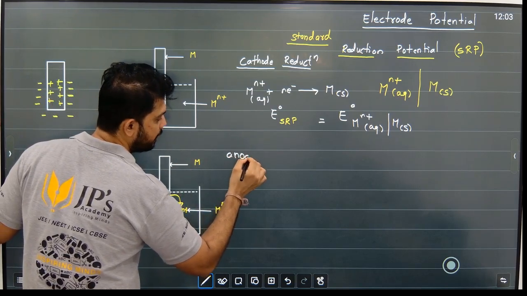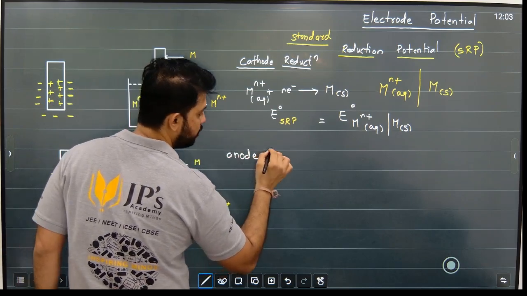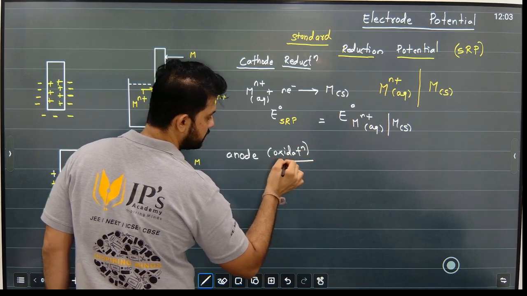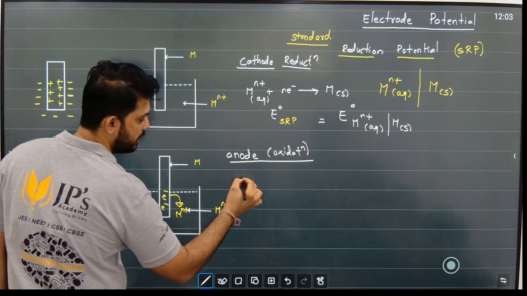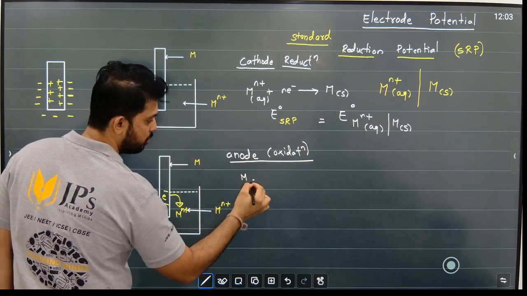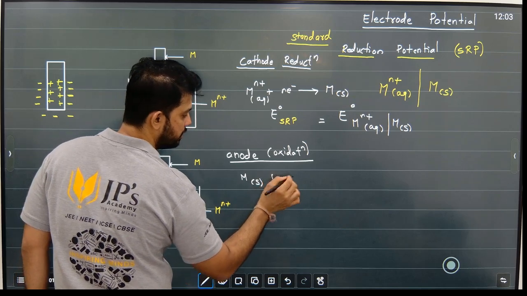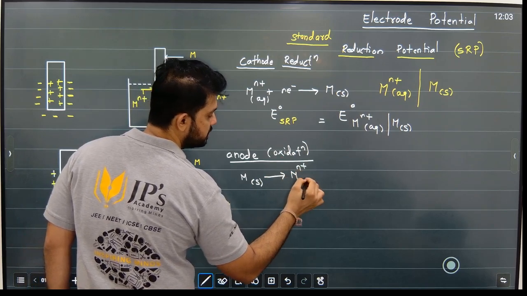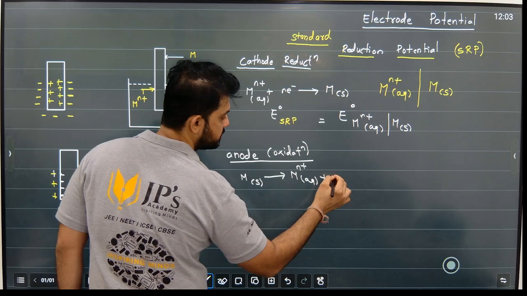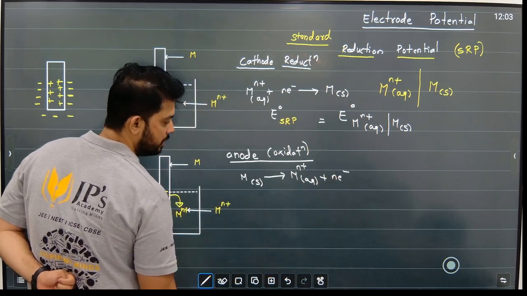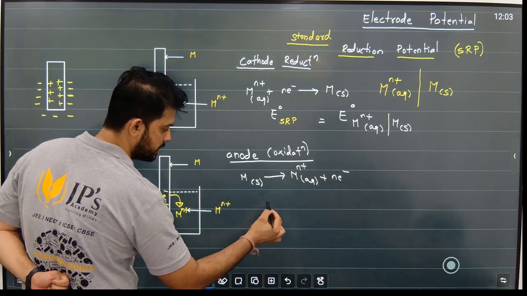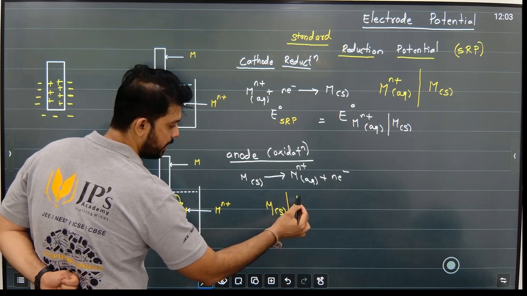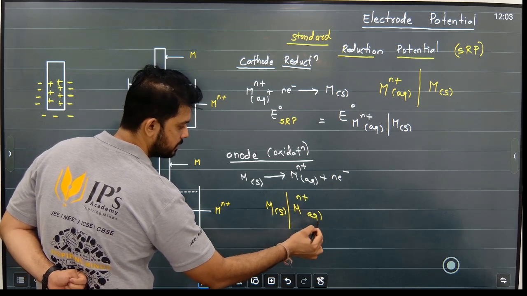What will the reaction be? This is behaving like an anode. At the anode what do we say is happening? Oxidation. Yes or no? What will the reaction look like? The same, reversed. So M solid giving Mn plus aqueous plus ne minus. How will you write the cell representation? As M solid single slash Mn plus aqueous.